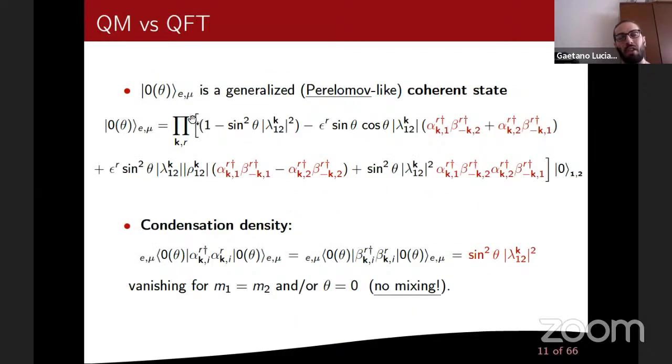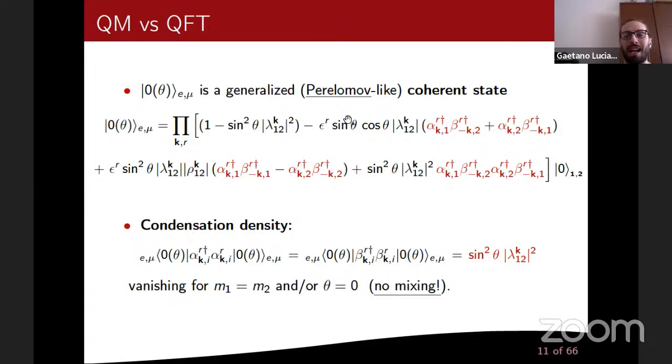Here I just present, very briefly, the structure of this flavor vacuum, which is a generalized coherent state, a Perelomov-like coherent state. It is generalized because, as you can see, it is populated by particle-antiparticle pairs with different masses and opposite momenta. So we have this couple, this couple here, this couple here.